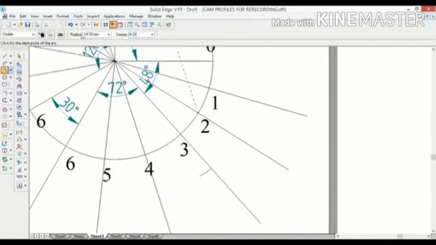If you use compass, it will be very easy for you. We are using software just to explain the construction easily.